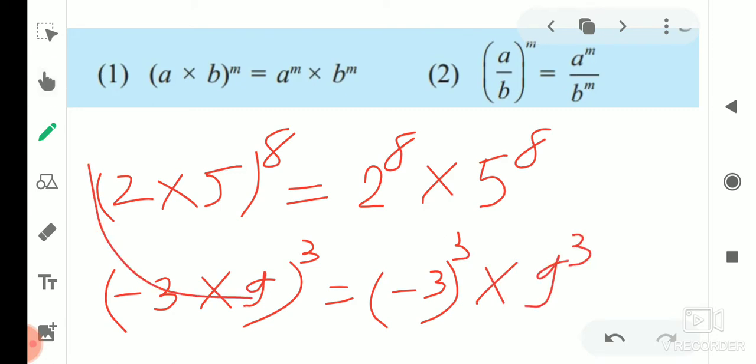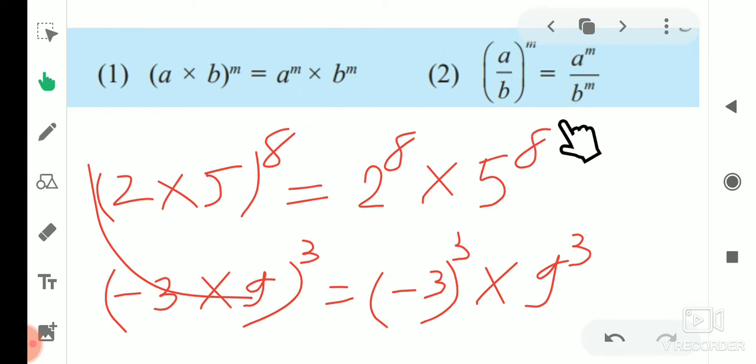It means that if there is a product of two numbers and their whole power is given, then we write the power separately, like 2 raised to power 8 into 5 raised to power 8. Here we are using the formula a into b raised to the power m equals a raised to the power m into b raised to the power m.